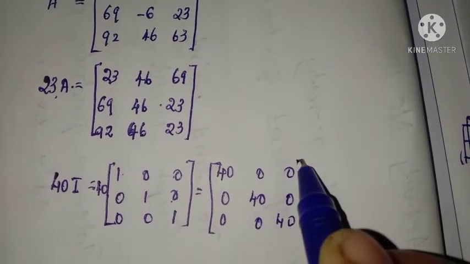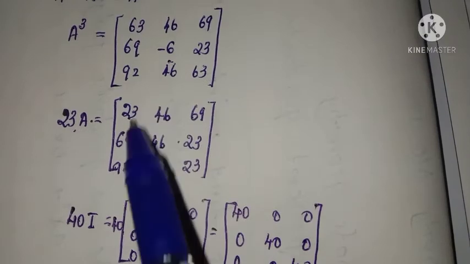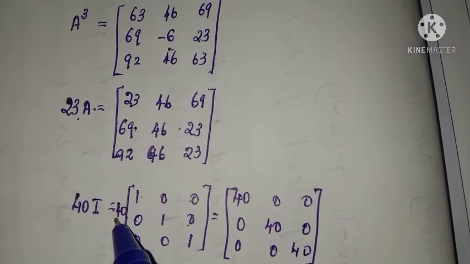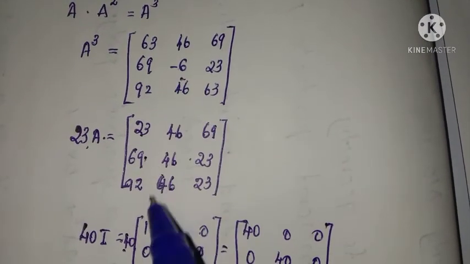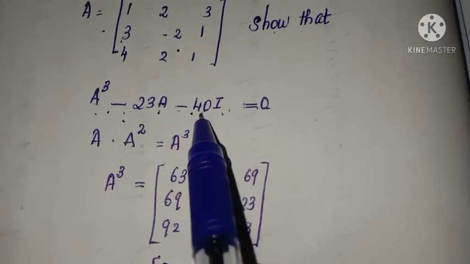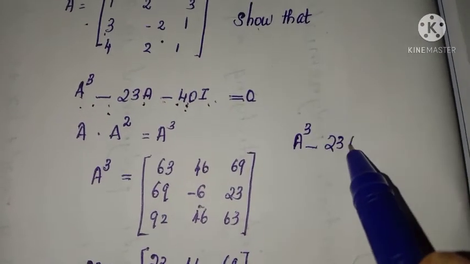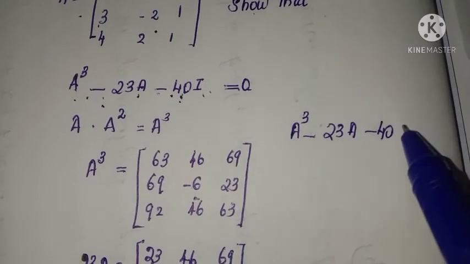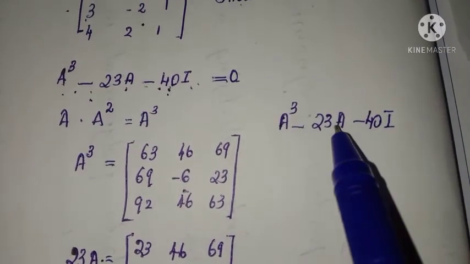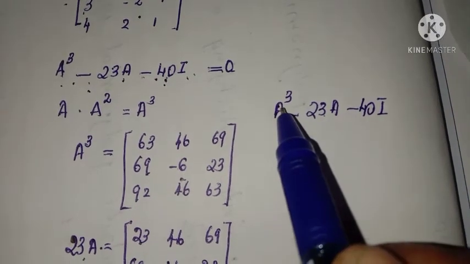So we have 3 matrices: A cube, 23A, 40I. Substitute these 3 matrices in this expression, A cube minus 23A minus 40I. That is, we have to subtract these matrices from A cube.